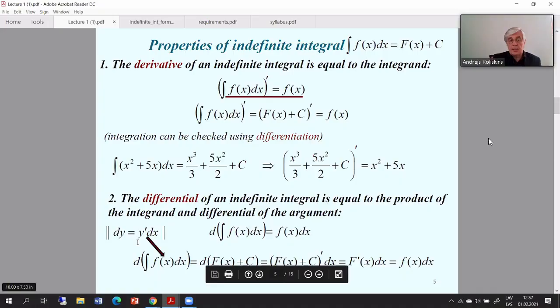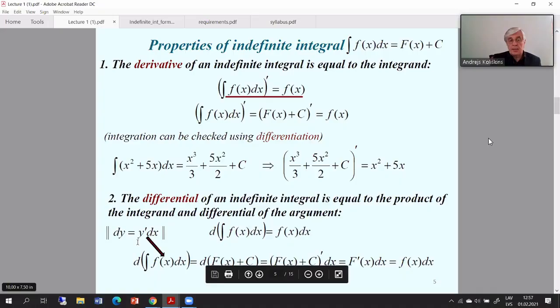The other properties are more useful, let's say, in practice. When you perform actual computations of integrals, then it's good to know that if you just integrate differential of some function, then the result is this function, okay, plus c. And again, the proof is found using the definition of integral and the relationship between the derivative and the differential.